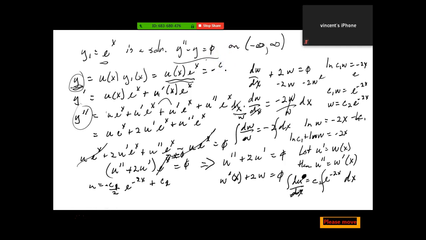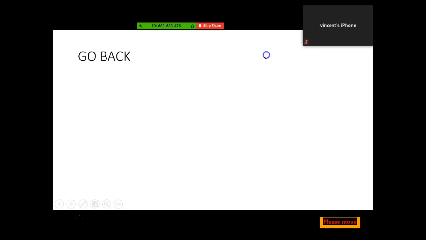Minus C1 over 2 e to the minus 2x plus C2, all that's your u from down here, and then multiply that by your e to the x, which was your known solution up here.